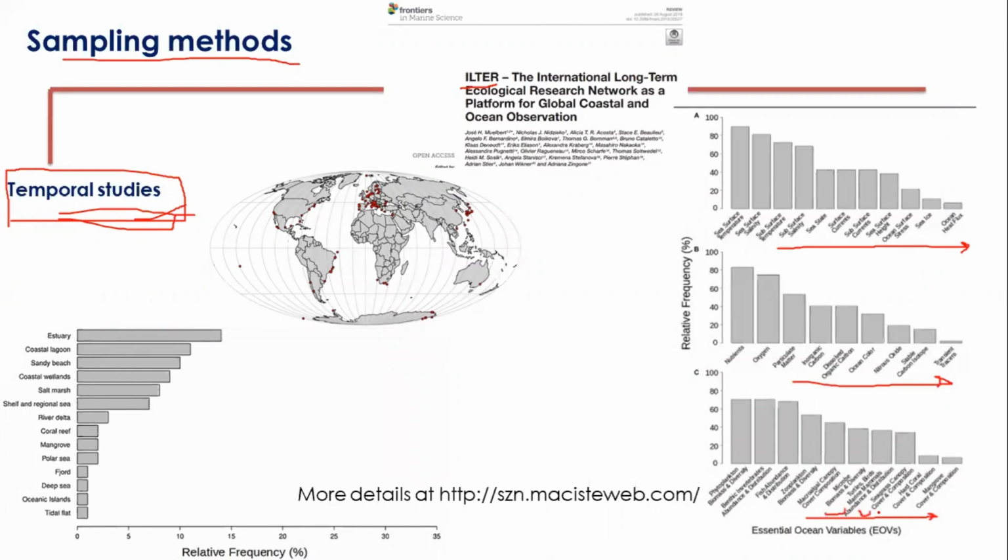Turtle aggregations, seagrass canopy, hard corals, and mangrove cover, right? You can see that across the world we have this many locations or habitats where long-term ecological monitoring has been happening: estuary, coastal lagoon, sandy beach, coastal wetland, and so on, right?